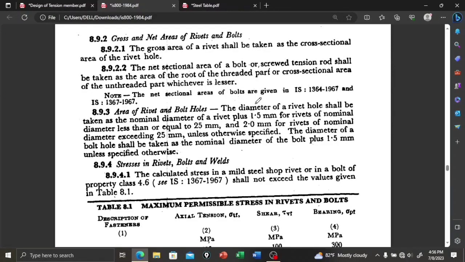Here, the diameter of rebate hole shall be taken as nominal diameter phi plus diameter of hole, that is 5 plus 1.5 mm for rebates of nominal diameter less than or equal to 25, and plus 2 for rebates of nominal diameter exceeding 25, that is greater than 25, unless otherwise specified.